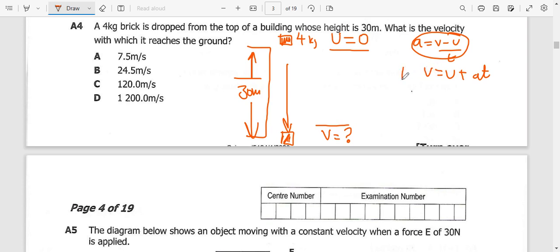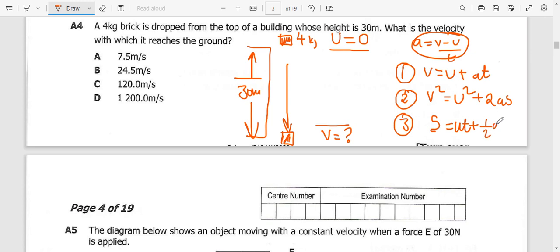So this is the first equation you need to know. The other equation that you need to know is v squared is equal to u squared plus 2as. And then the third one, there are three: s is equal to ut plus half at squared.